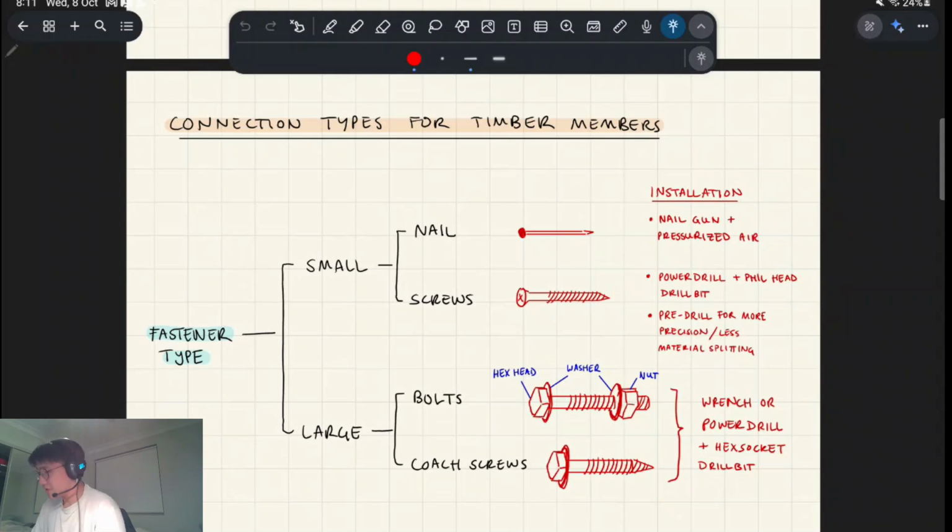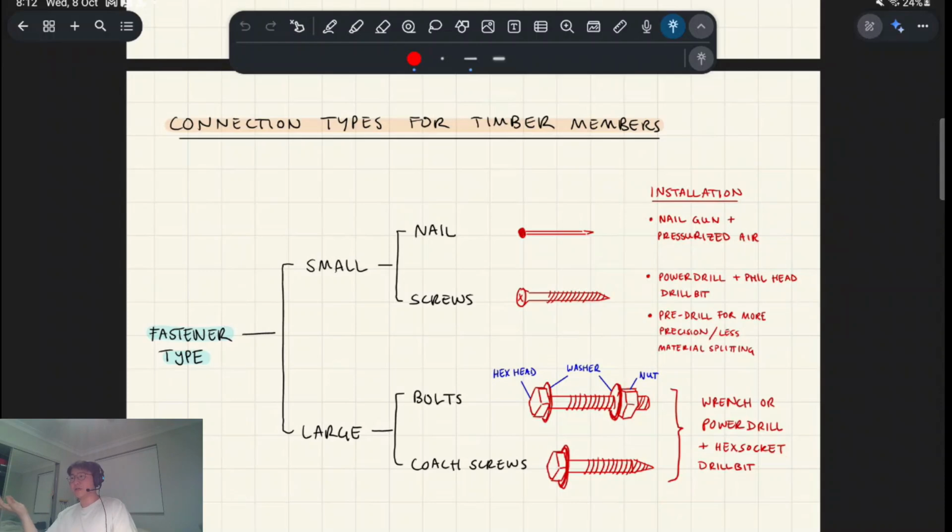The main advantage of a nail is that, if you do it the old school way, you get a nail, you get a hammer, you bang it in. But there are nail guns, so you can use a nail gun and pressurized air, which is a very quick way of connecting members together. This is done a lot in roof sheeting or shingles.